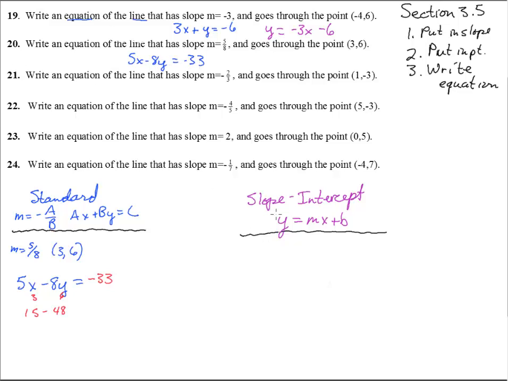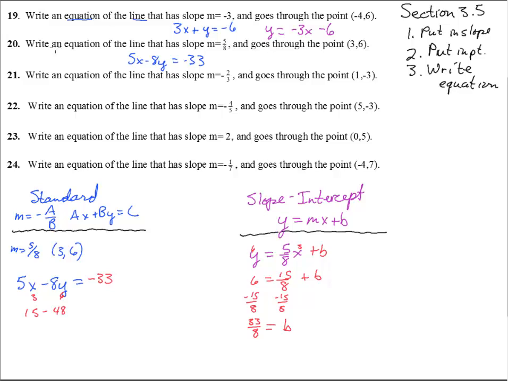For the slope-intercept of the same thing, y equals, put the slope in, 5/8 x plus b. We don't know what the b is, so we stick in the point 3, 6, and we get 6 equals 15/8 plus b. Subtract 15/8 from both sides. You can punch that in your calculator, or if you can see, this is 48/8 minus 15/8 gives us 33/8.